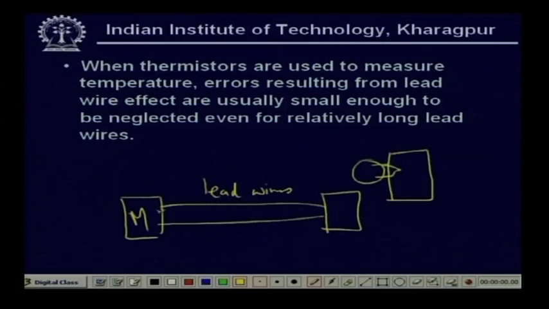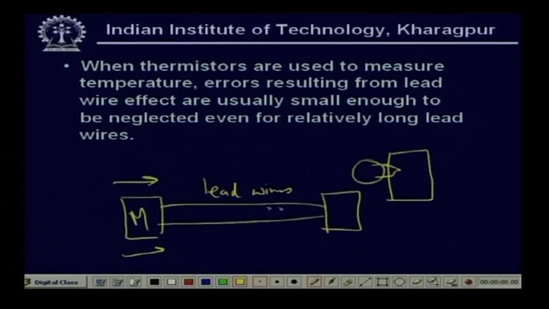Now, actually lead wire is not very critical in the case of thermistor, because the thermistor resistance value is quite high compared to the lead wire resistance. Suppose there is a temperature change along the lead wire. If you look at the meter from this side, what will it see?